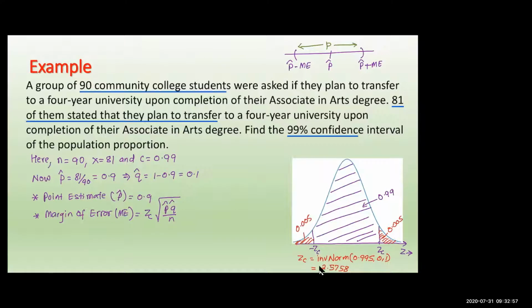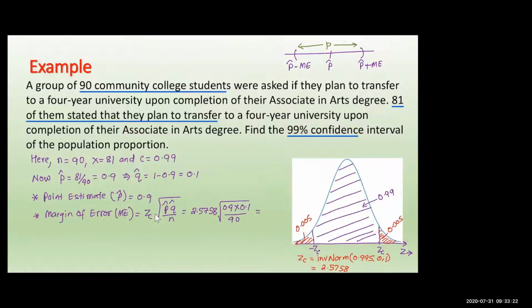We calculated this Z critical because we need it here. So let's plug in the value of Z critical. We got 2.5758 multiplied by the square root of P hat 0.9, Q hat 0.1, divided by n, which is 90.